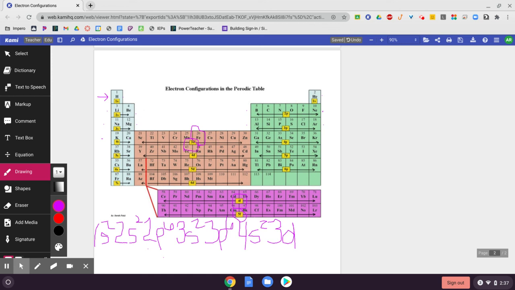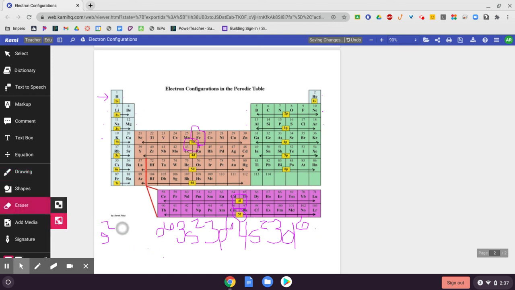And we're only moving through 1, 2, 3, 4, 5, 6 elements to get to iron. So we're going to write 3d6. So then this should be the electron configuration for iron. And if we add up our exponents, 2 and 2 and 6 give me 10, plus 2 more is 12, plus 6 more is 18, plus 2 more is 20, plus the final 6 gives me 26. So it does seem like we did it okay.